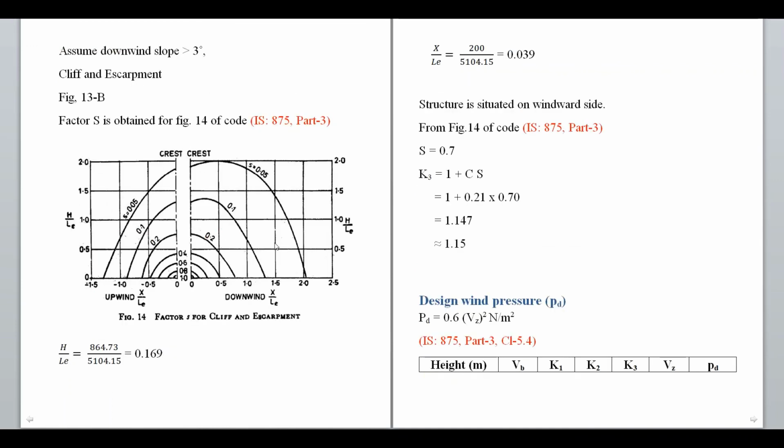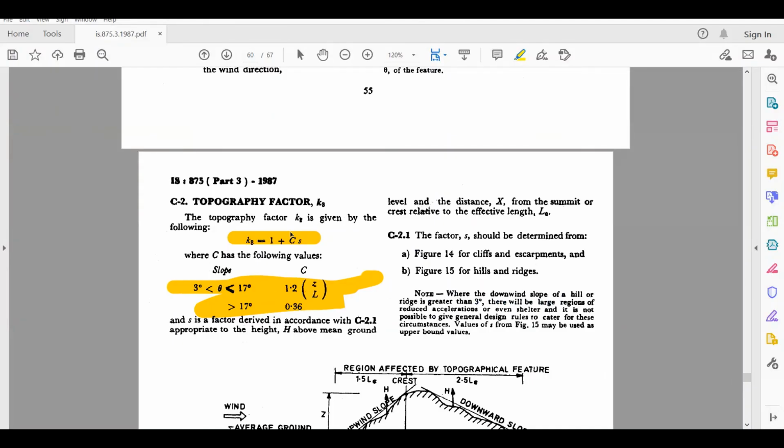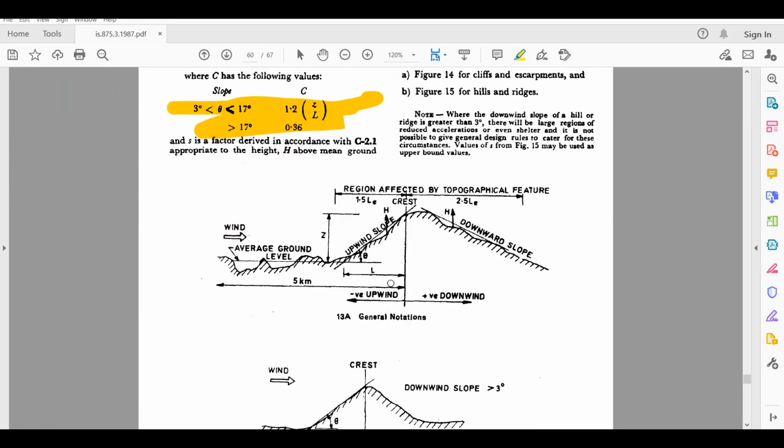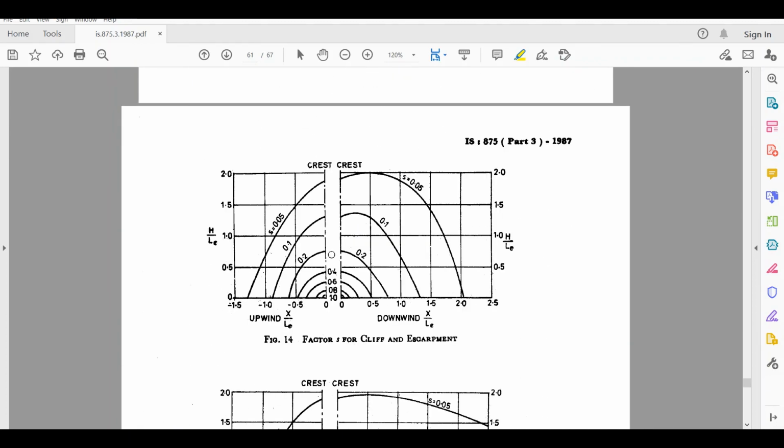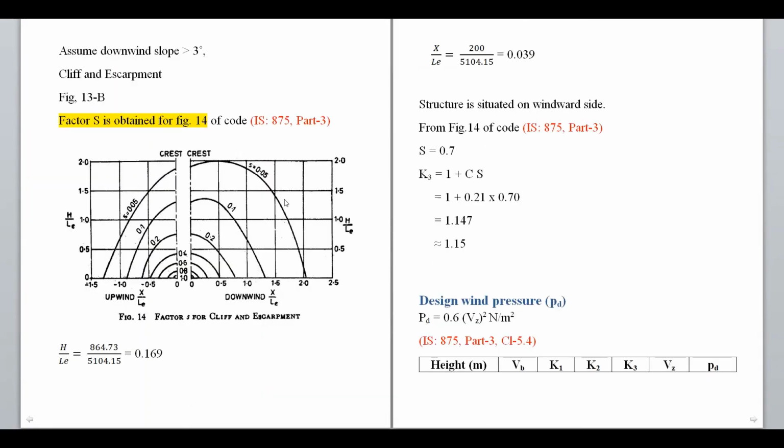Now we need the S factor. The C value we found, we need the S value. S we get from this graph in IS 875. Look here, there is a graph for upwind and downwind.